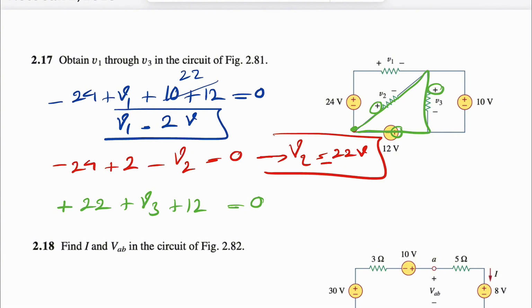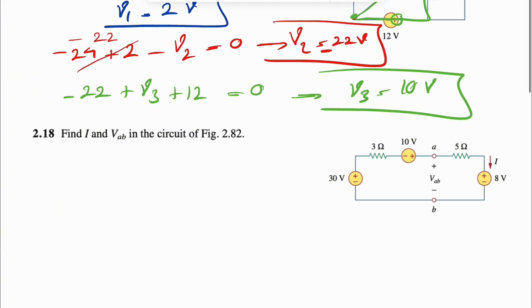One thing that was missing is that we get a negative sign here, because this will be negative 22, and if it goes on the other side, we'll have a negative sign, which means we have a negative sign here as well. So V3 is negative 10, going on the other side, V3 is going to be 10 volts. So that's pretty much everything for the first one.